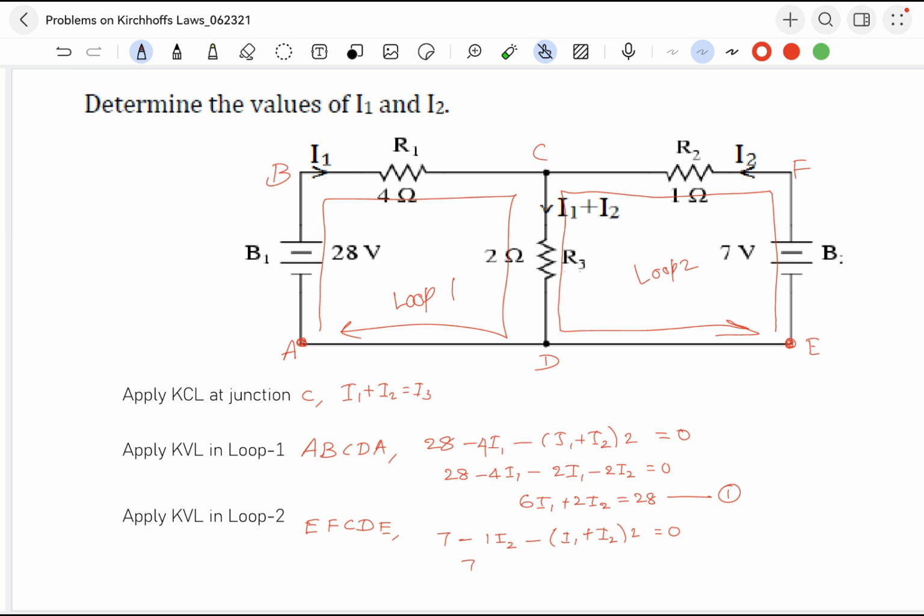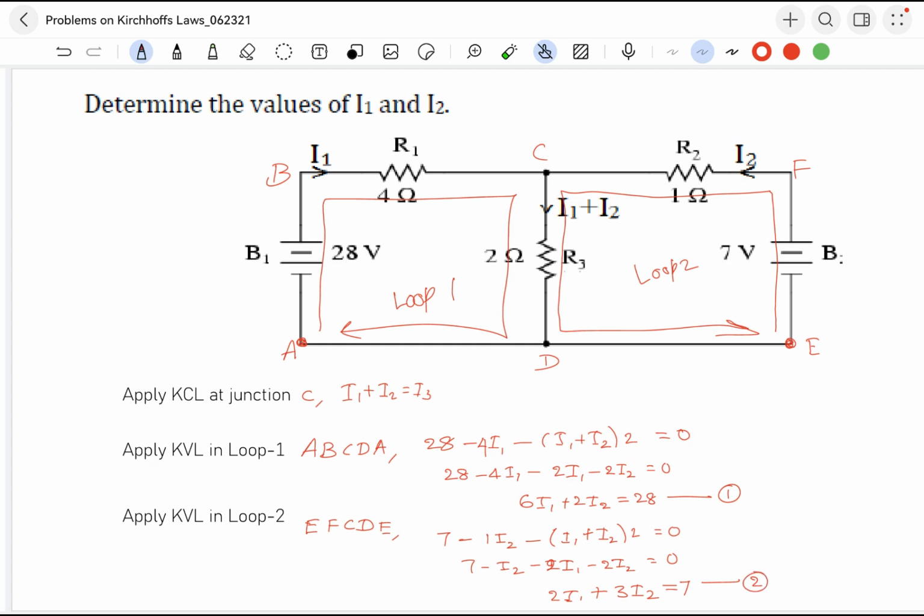So 7 minus I2 minus 2I1 minus 2I2 equals 0. If you rewrite, 2I1 plus 3I2 is equal to 7. This is equation number 2.